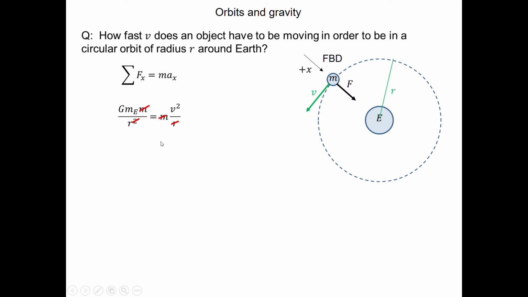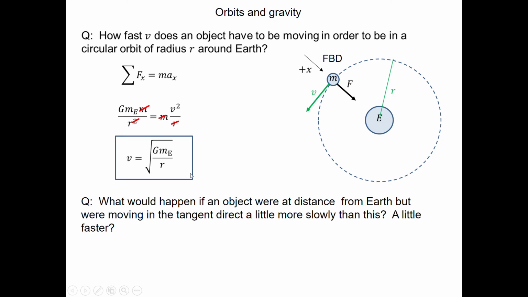Then I can simply take the square root of both sides to get the speed that's required: v equals the square root of capital G times the mass of Earth divided by the radius of the orbit. And in this case, you can see, if I were in an orbit of radius r around some other planet or star, I would just use the mass of that object. So this is a perfectly general formula for all circular orbits.